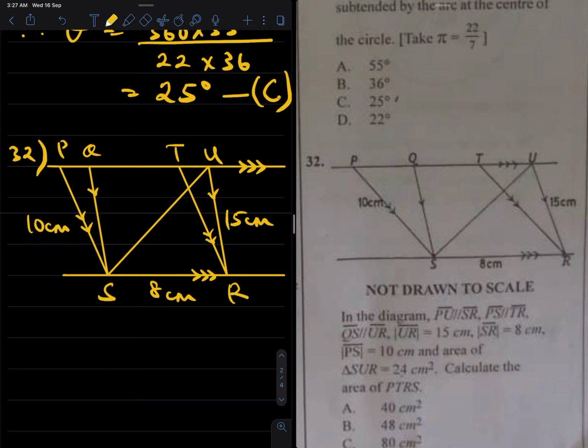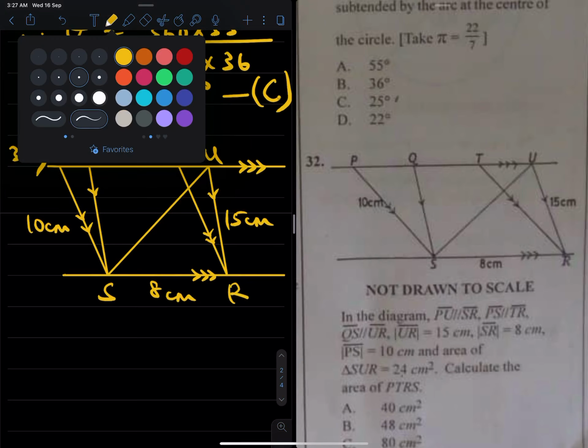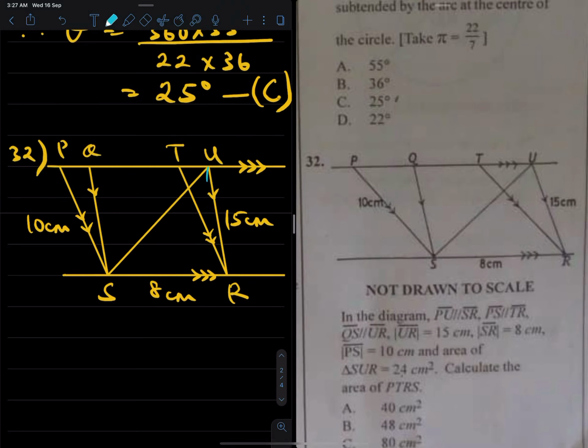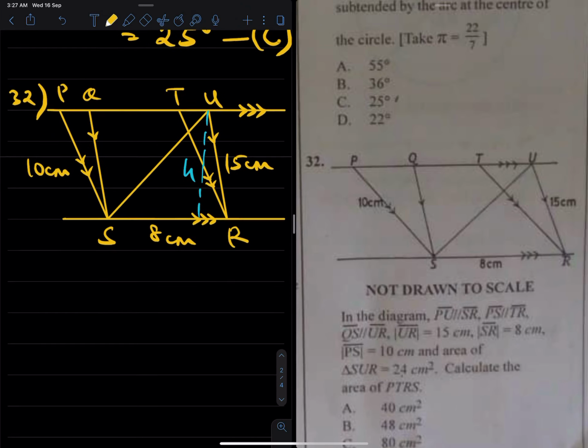Calculate the area of PTRS. We can see that figure PTRS is a parallelogram, and the area of a parallelogram is base times height. So let's find the height of triangle SUR. Let me call that H.